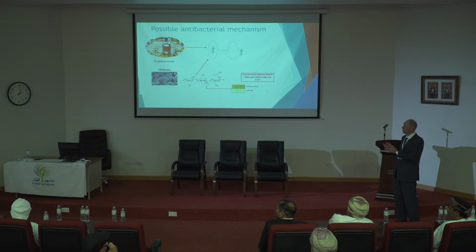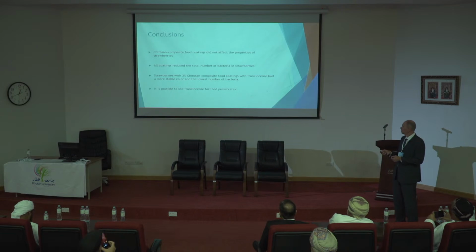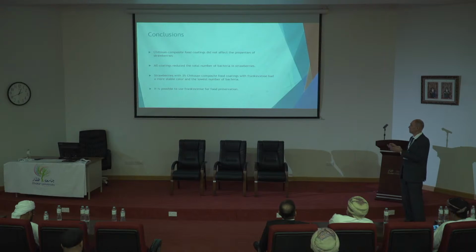And that's how we have a combined effect of frankincense and chitosan on bacterial growth. In conclusion, we found that all coatings, chitosan and chitosan frankincense coatings, reduce the total number of bacteria in strawberries.